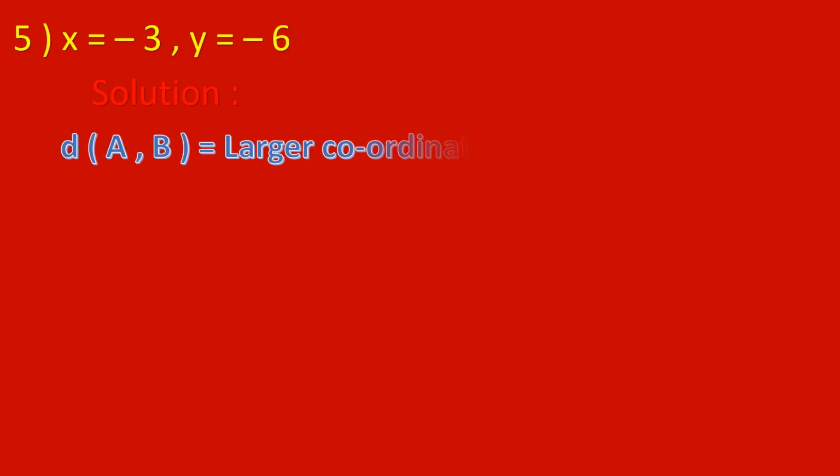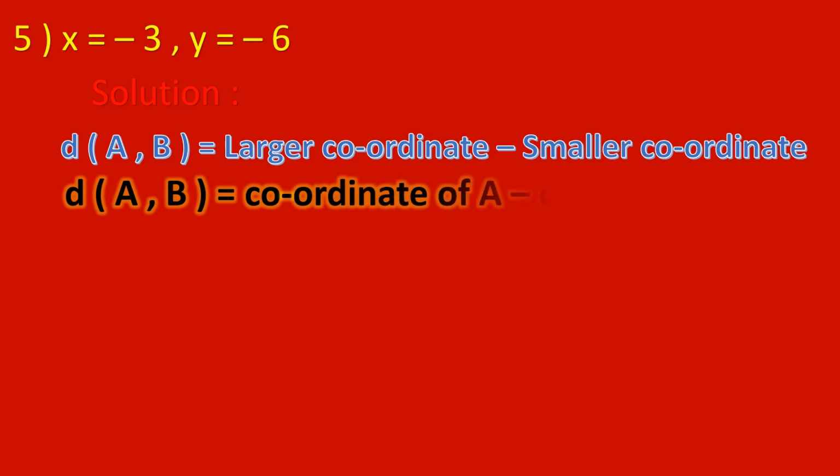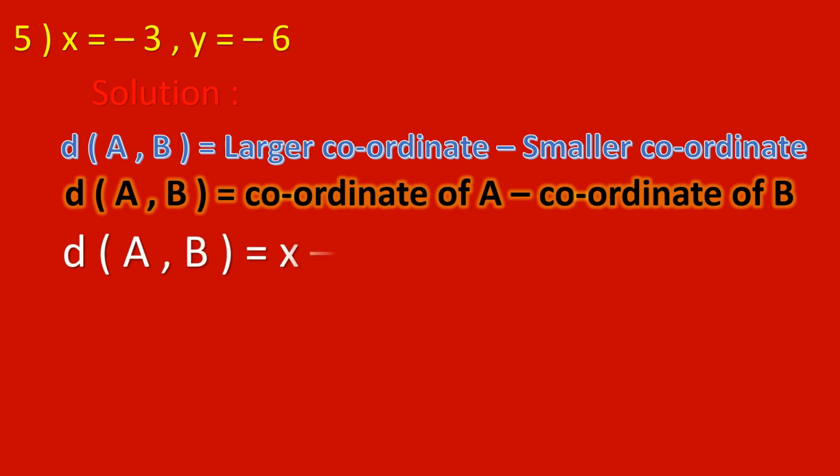Fifth question, x equal to minus 3 and y equal to minus 6. Here x is greater, that means coordinate of A is greater. So distance AB is equal to coordinate of A minus coordinate of B. That means x minus y.